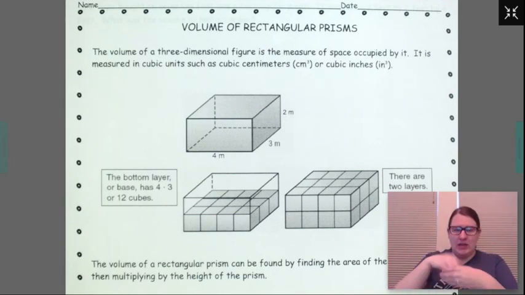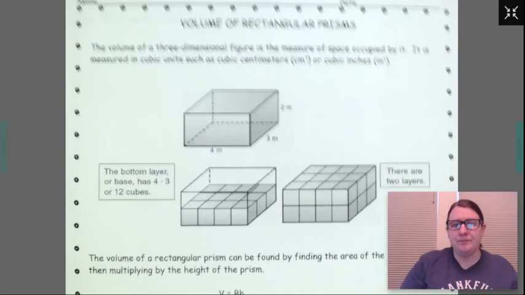It's measured in cubic units, such as cubic centimeters, cm to the third, or cubic inches, inches to the third. Third power means cubic.